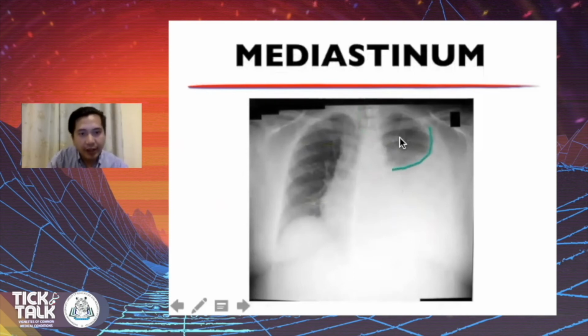In this case, you have the meniscus sign: fluid pushing on the contralateral side. Because of that, the trachea is pushed to the contralateral side, and the heart is also displaced to the contralateral side. So this is a pathology on the left, pushing on the right.